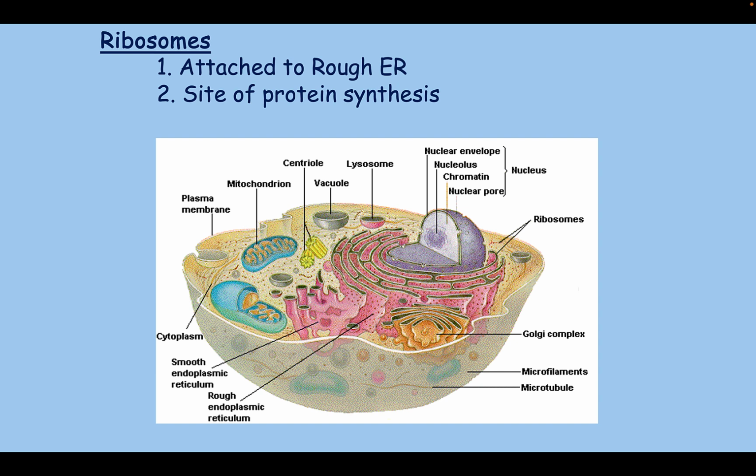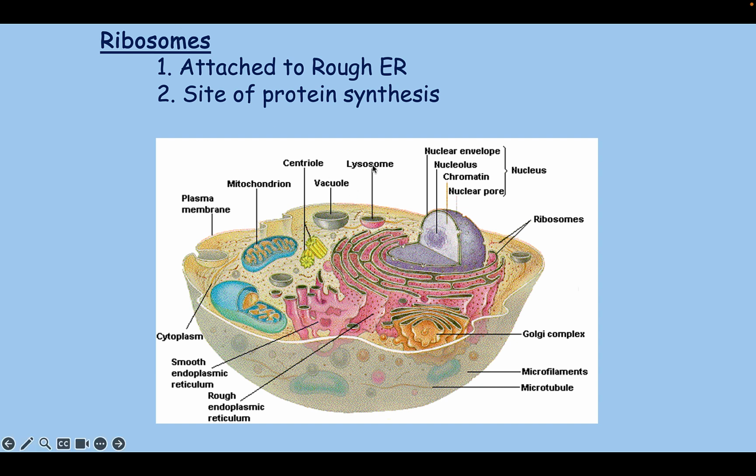The endoplasmic reticulum, the rough endoplasmic reticulum, has ribosomes attached to it. The ribosomes will make proteins that will do one of four things. They will be either included inside of a membrane-bound organelle, included inside of an organelle that's inside the cytoplasm, such as the lysosome here.